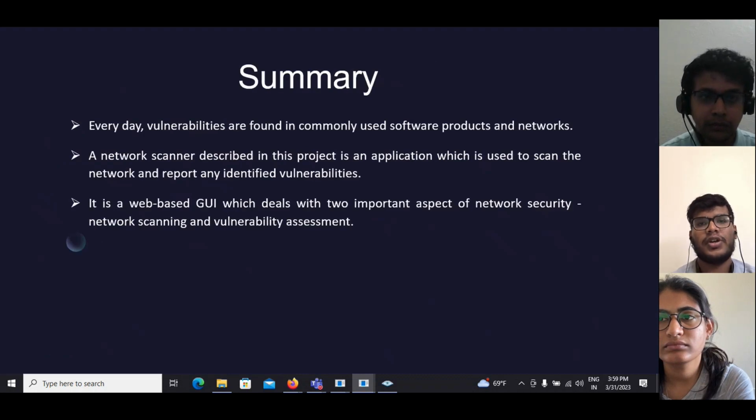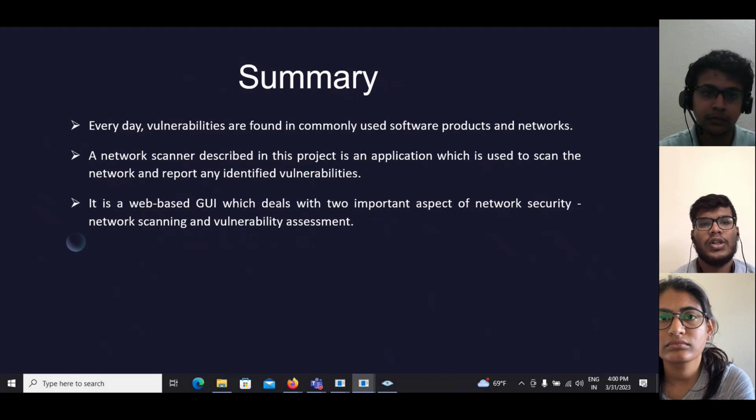Coming to the summary of this, every day vulnerabilities are found in commonly used software products and networks. If something goes wrong along a path, people need to check from start to end. But with the use of Nmap, we can know exactly where we lost the connection and we can retrieve it back. A network scanner described in this product is an application which is used to scan the network and report any identified vulnerabilities.